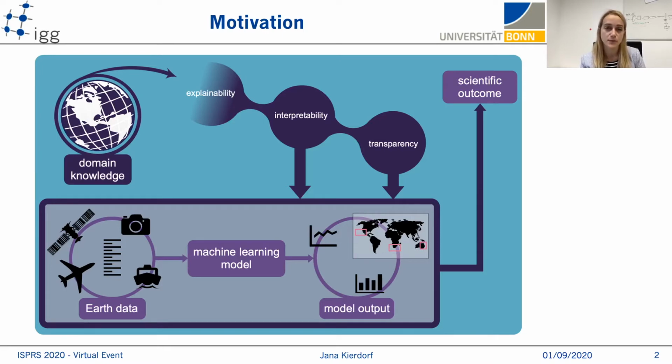You have interpretability either of the model or the output, for example, when you interpret the output by means of the input through a heat map. And then you have explainability, which needs domain knowledge. Given all these, you can get an outcome with a scientific value, and deriving scientific outcomes without domain knowledge is barely possible.